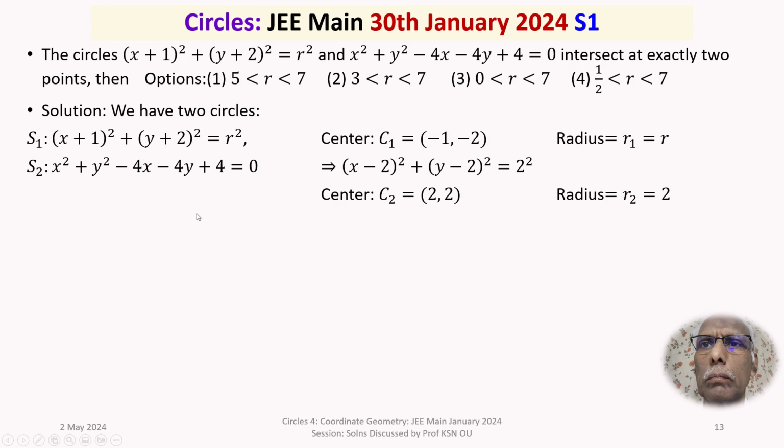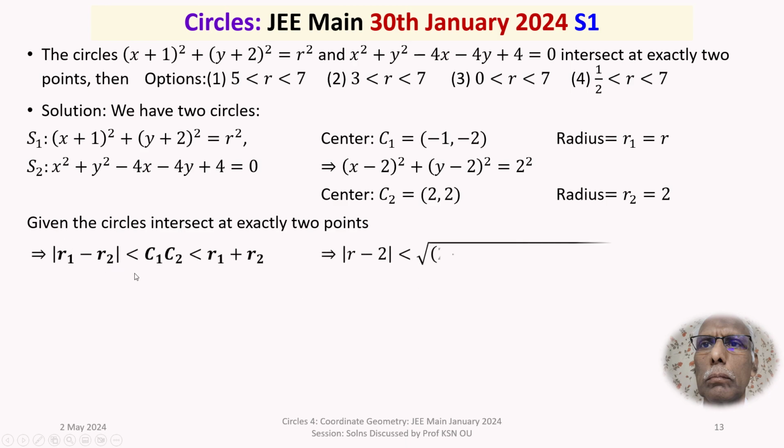That implies mod of R1 minus R2 is less than the distance between C1 and C2, which is less than R1 plus R2. That's the condition. So given the circles intersect at exactly 2 points, the modulus of R1 − R2 is less than the distance between C1 and C2, which is less than R1 + R2.